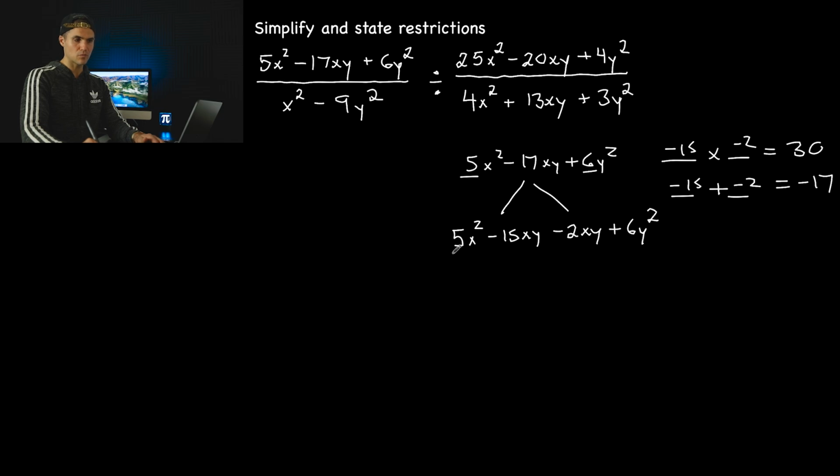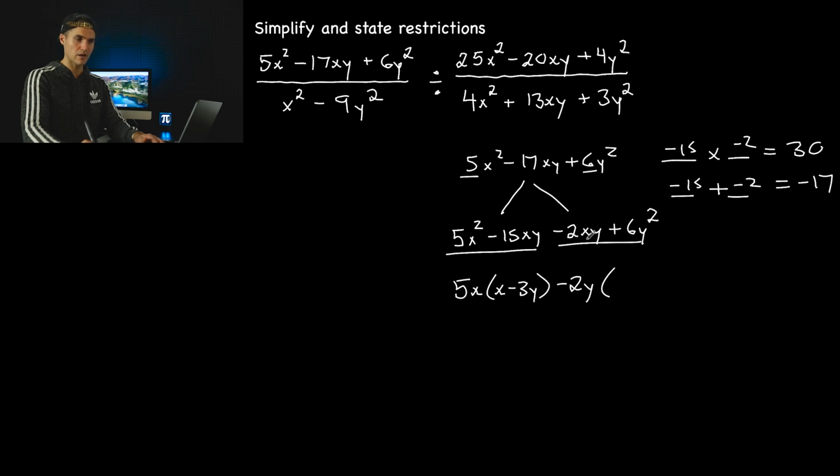And you might have different ways that you factor this. So whatever way you do it, just make sure you're getting the same answer. So now we do by grouping. So what can I take out of these two? I could take out a 5x. So we'd be left with what? x minus 3y, right? Be careful with your variables. And then from these two, I could take out a 2y, but because this is negative, we always take out that sign as well.